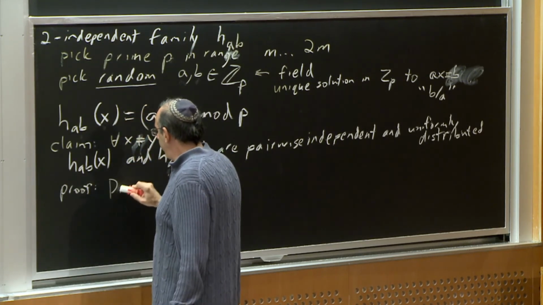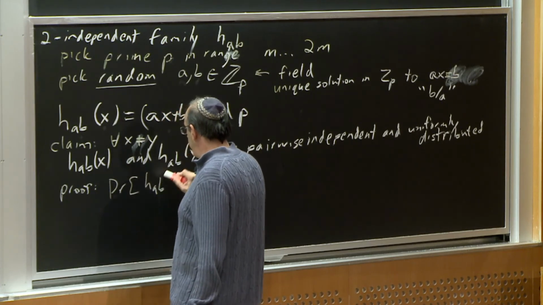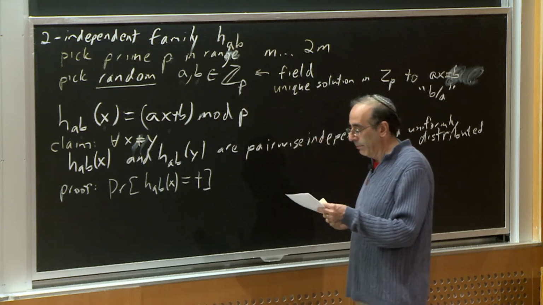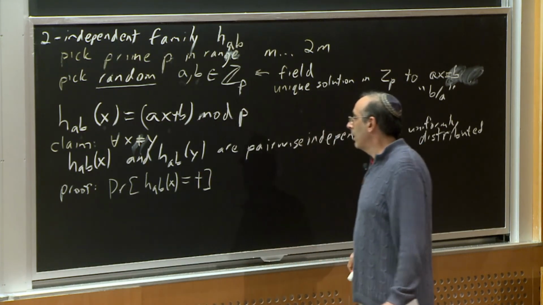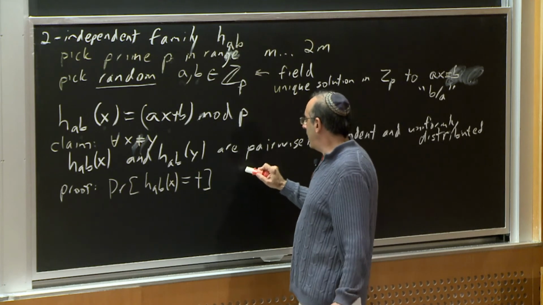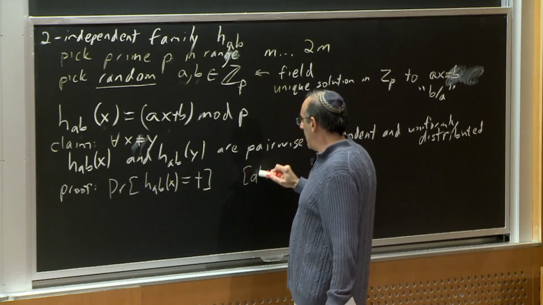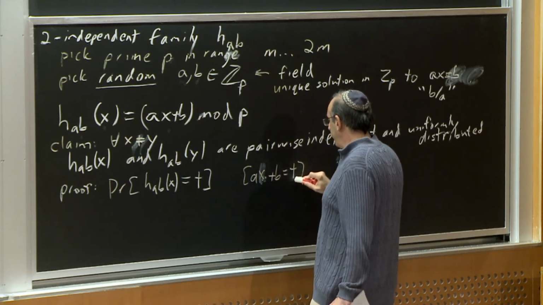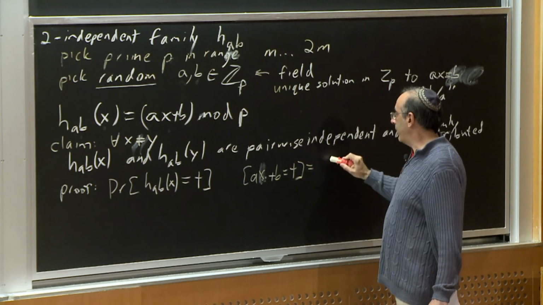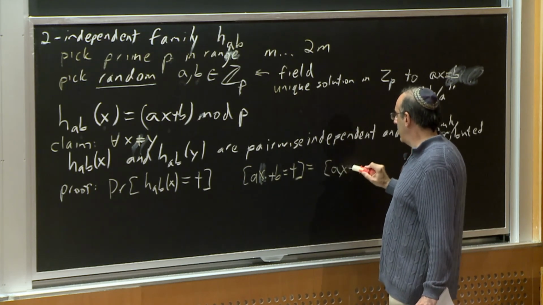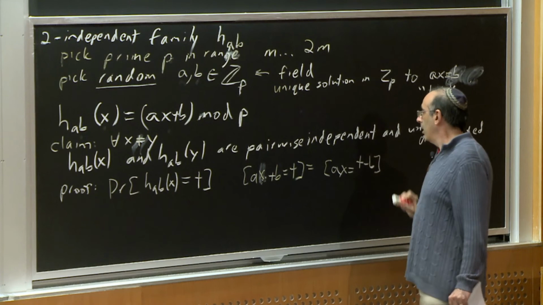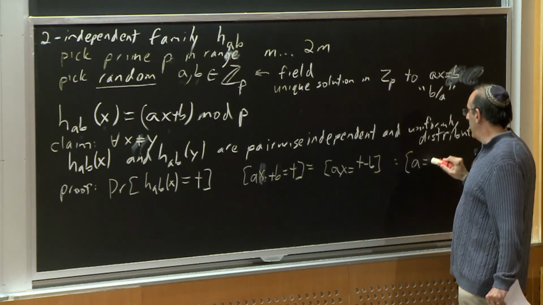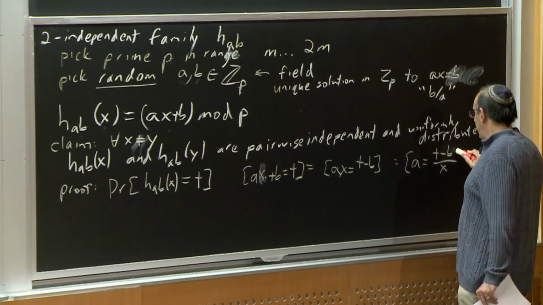So what is the probability that HAB of x is equal to some number t? Well, that's the probability that ax plus b is equal to t, which is equal to the probability that ax is equal to t minus b, which is the probability that a is equal to t minus b divided by x.